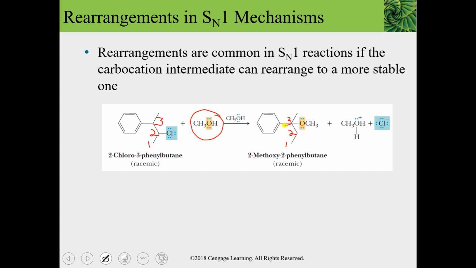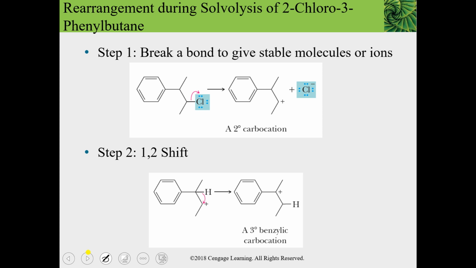Okay? So what's happening? First, the chlorine gets kicked off to form a chloride ion, and we get a secondary carbocation. However, we will have a 1,2 hydride shift so that we can have this tertiary carbocation intermediate, which is much more stable.